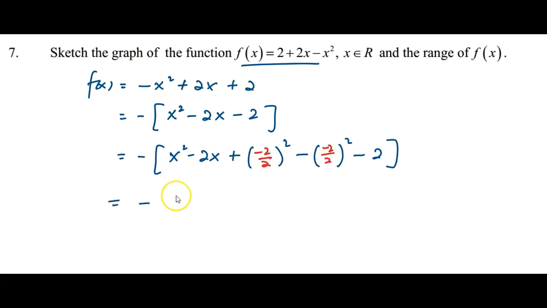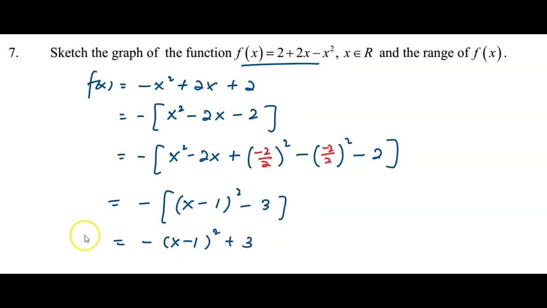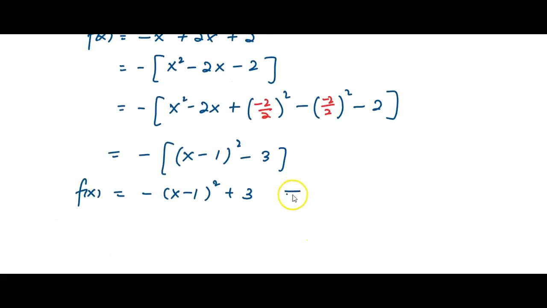So I've got my negative x minus 1 squared minus negative 1 squared, you got 1, negative 1 minus 2, you got negative 3. Multiply the negative in, you have a negative x minus 1 squared plus 3. So from this function, we have already done completing the square, and that is now presented in this form.